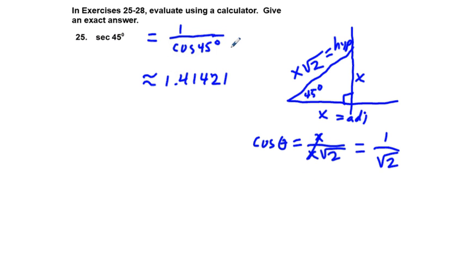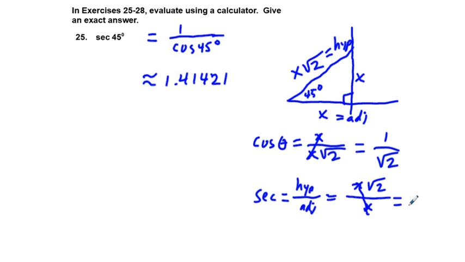And what's happening is that secant, instead of being adjacent over hypotenuse, is hypotenuse over adjacent. So it's going to be the reciprocal of 1 over square root of 2, or we put hypotenuse over adjacent: our hypotenuse is x square root of 2, and our adjacent is x.